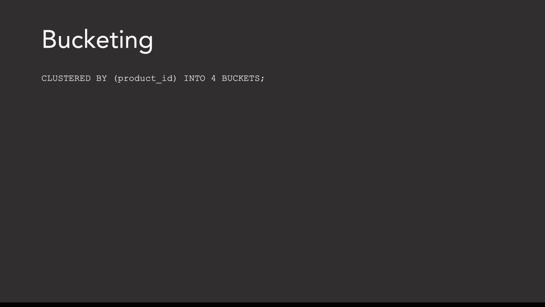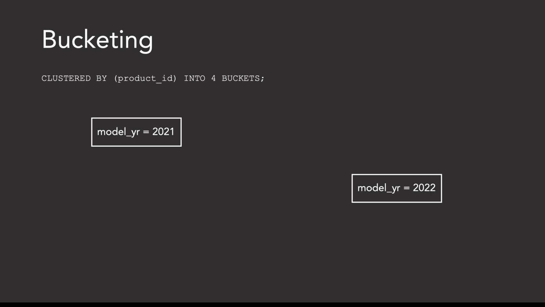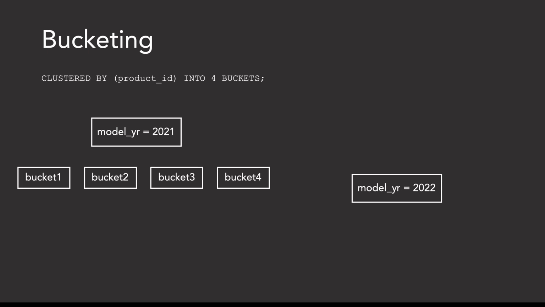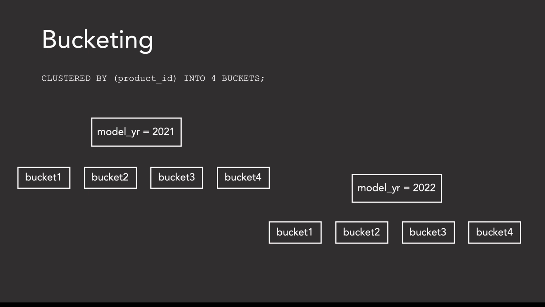Let's look at it pictorially. So this is the keyword which is used to create buckets. I've mentioned clustered by product ID into 4 buckets, and let's say I have partitions on model year. So I have 2 partitions, one for model year 2021 and the second one for model year 2022. Now 4 buckets would be created for each of these partitions.